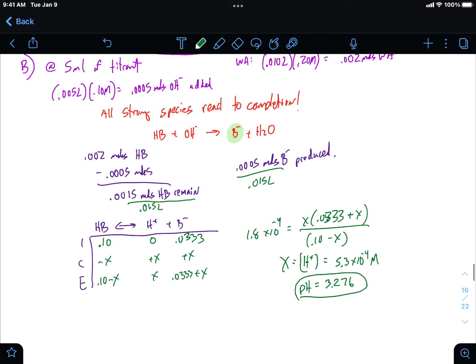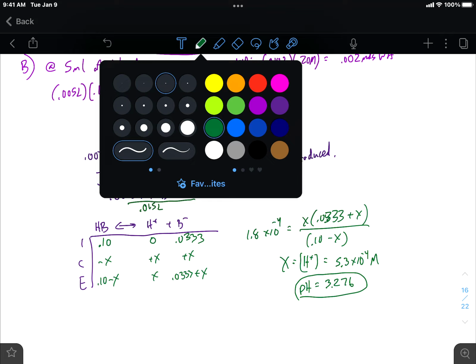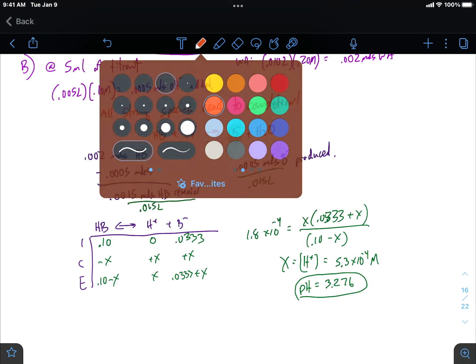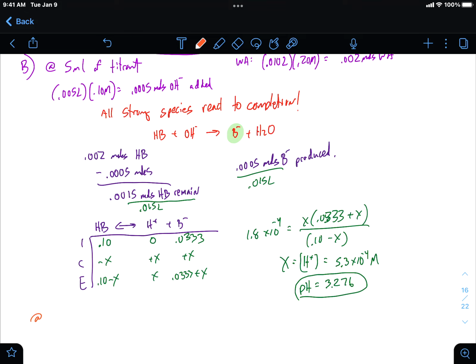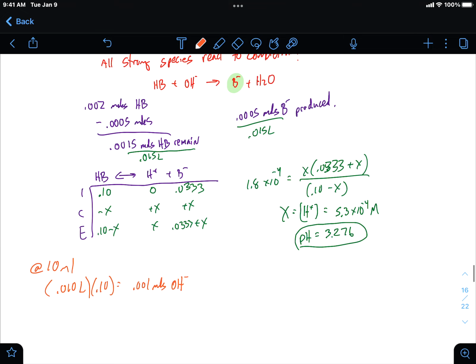So, what if we add 10 milliliters? 0.01 liters times a molarity of 0.1, so 0.001 moles of base were added. Recall that our moles of acid was 0.002.